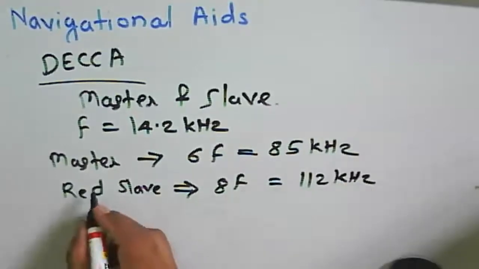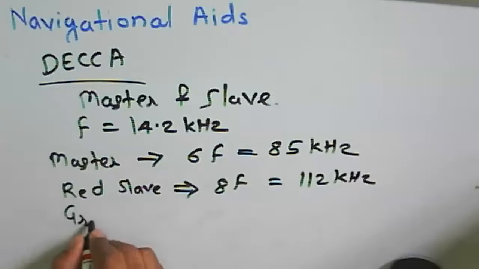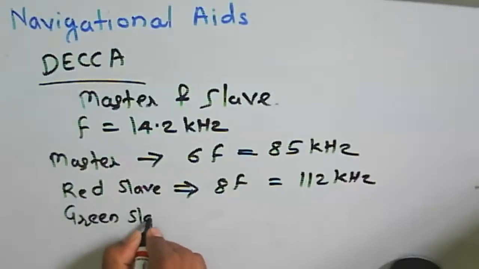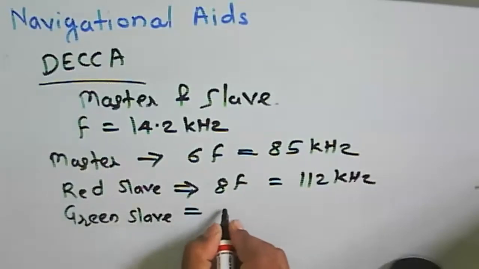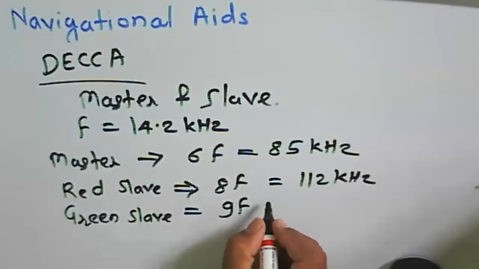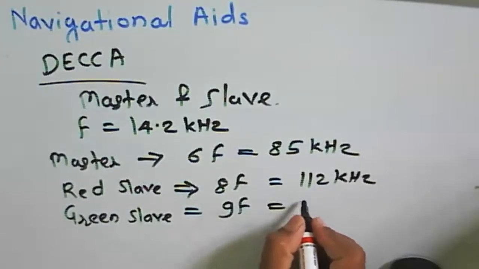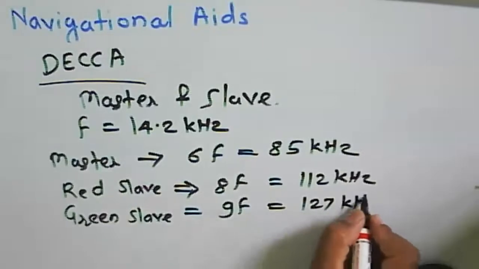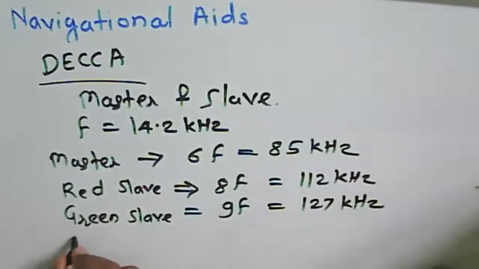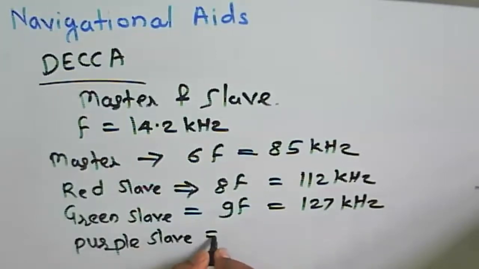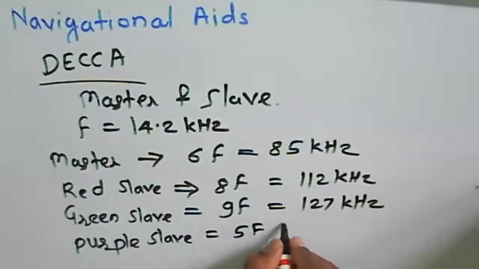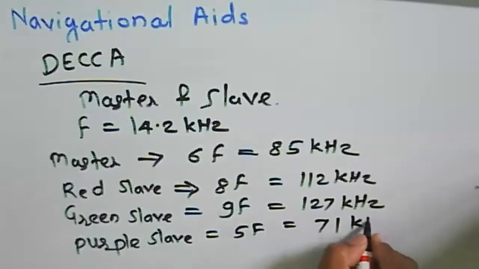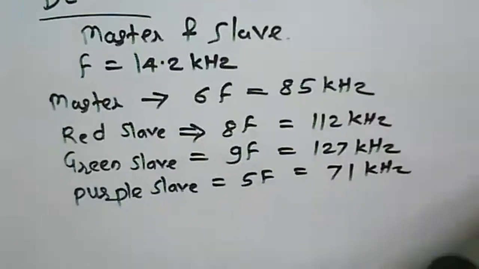Then the green slave transmits a signal of 9F, about 127 kilohertz. Then the purple slave transmits a signal of 5F, with a frequency of about 71 kilohertz.